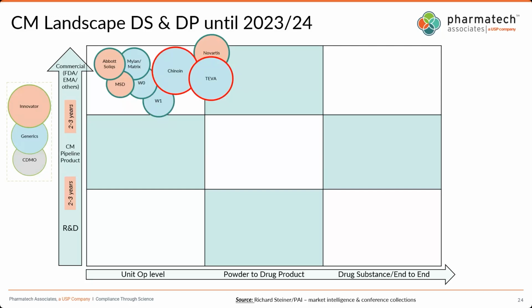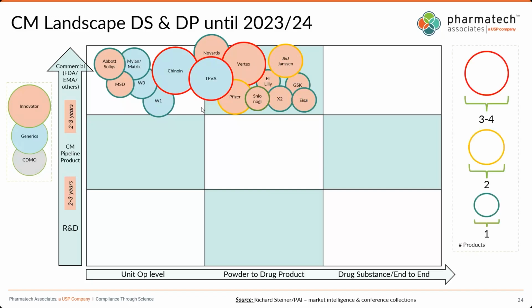And you see all the famous companies we have heard many stories about with their marketed products. I would say there's another group in this pipeline product section where we see products and first indications that they soon will get commercial products to the market, but they all started on this unit operation level.